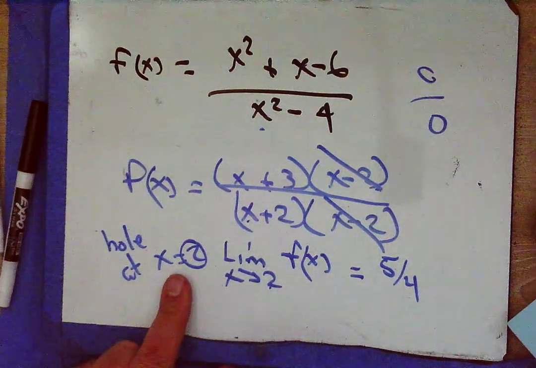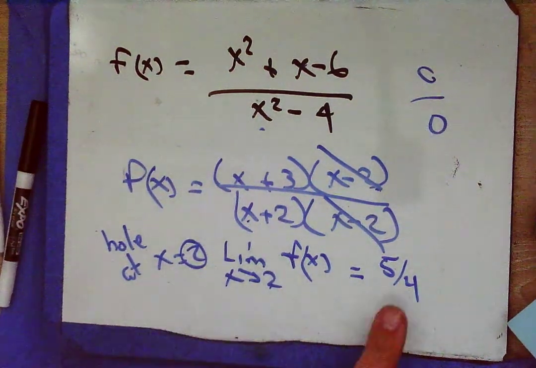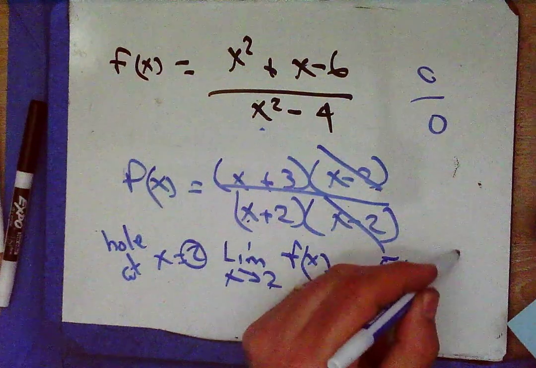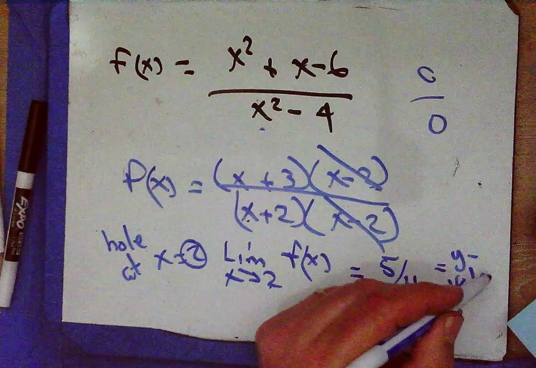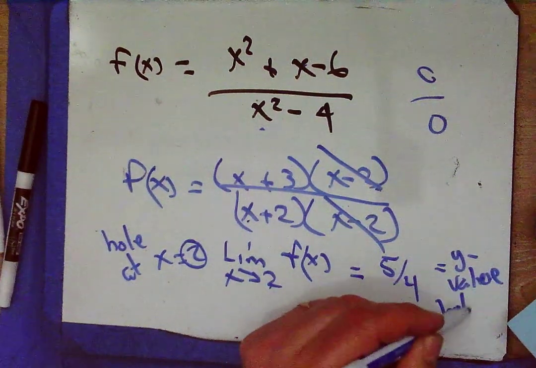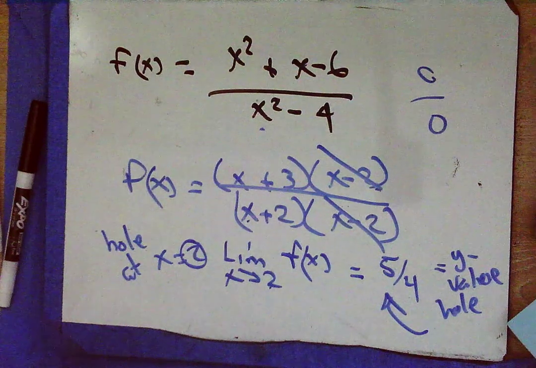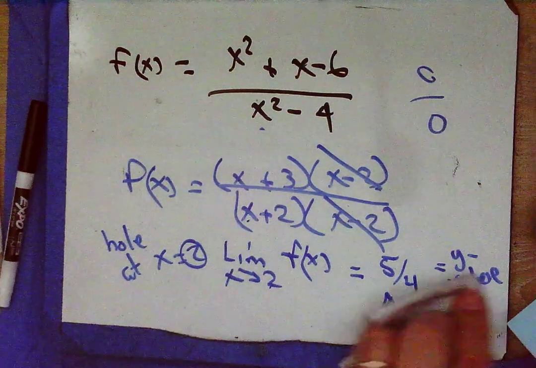The point doesn't exist, but the y value of the hole would be 5/4. But that's not a vertical asymptote, and we were asked to find vertical asymptotes.